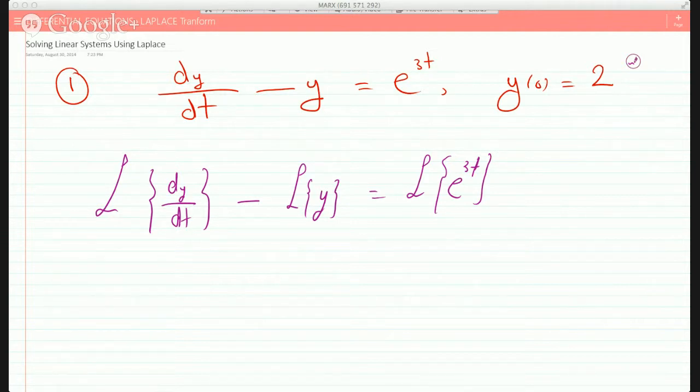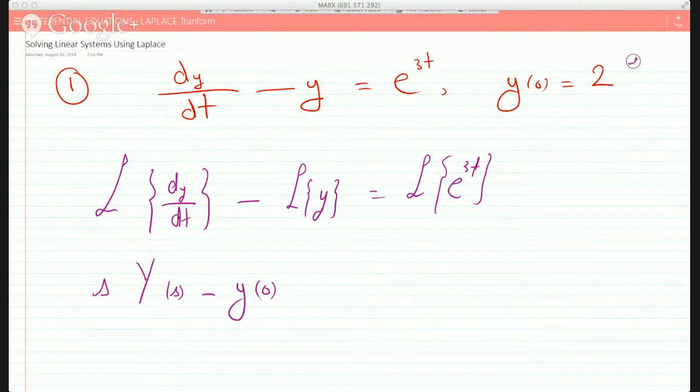It's right here. It's equal to s Y of s minus the initial condition y of 0.